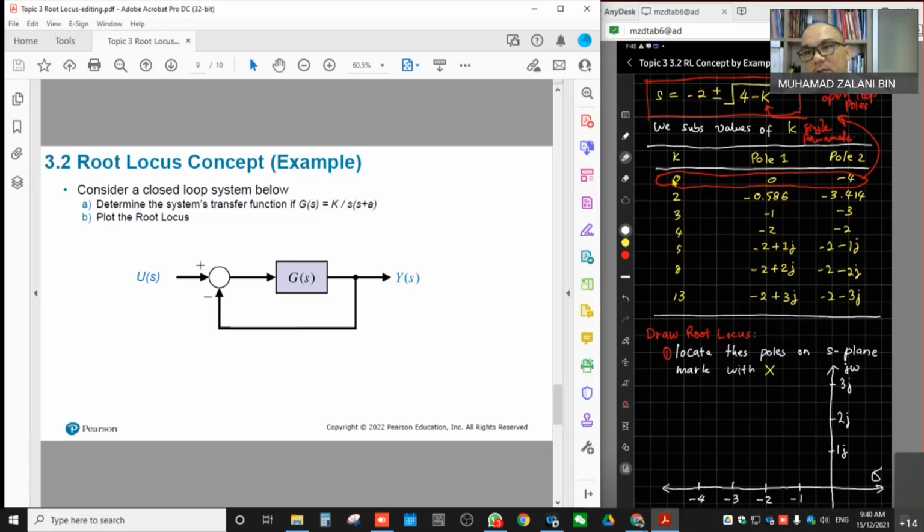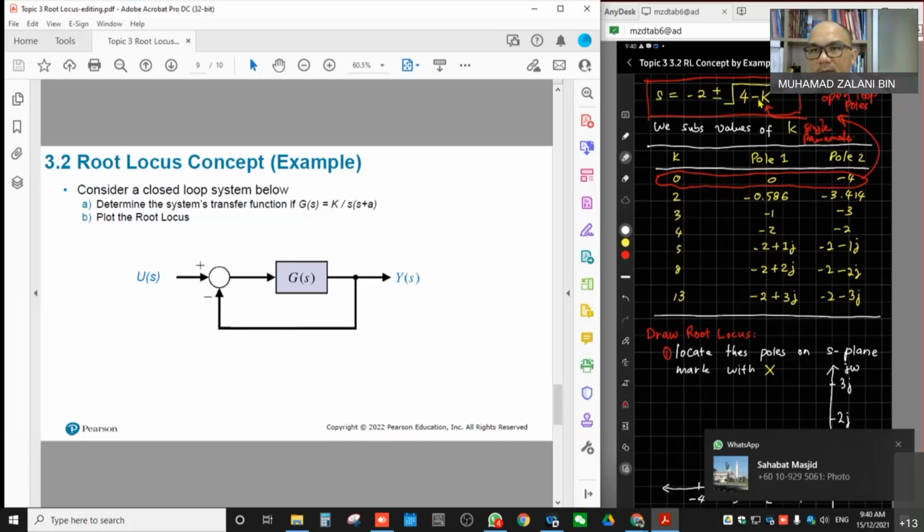Starting from K equals to 0, we should have pole 1 as 0, pole 2 as negative 4. How do we get 0 and negative 4? Just refer to this equation. We substitute K equals to 0. If I replace K with 0, then square root of 4 is 2.